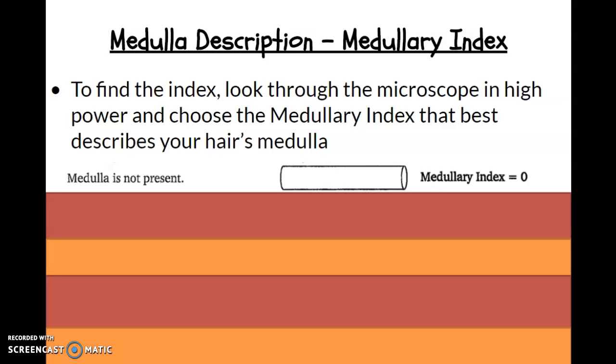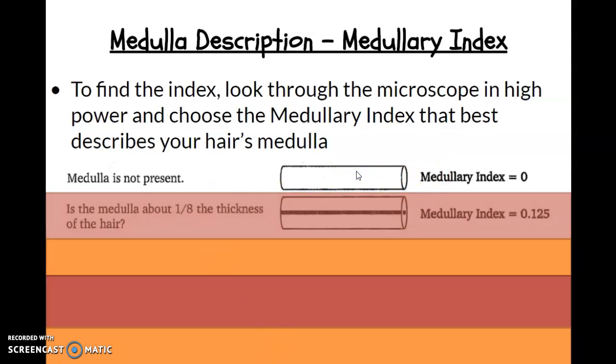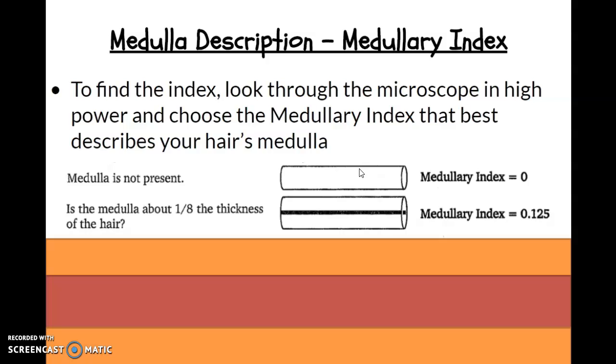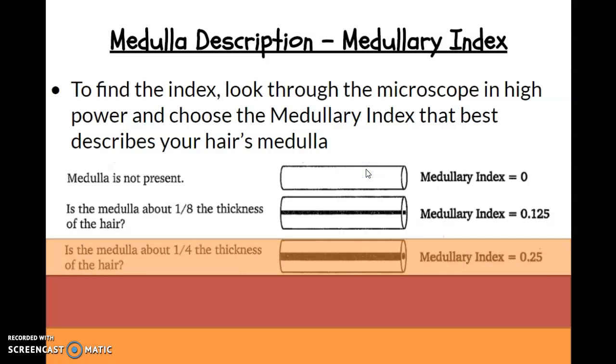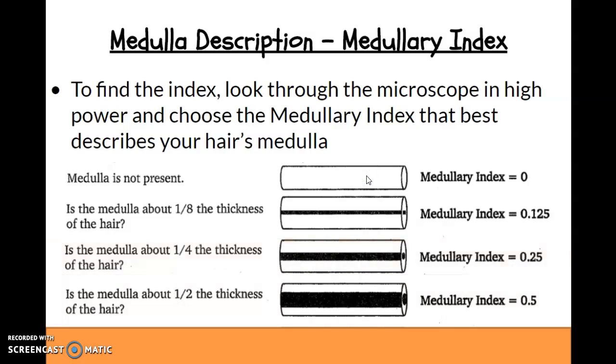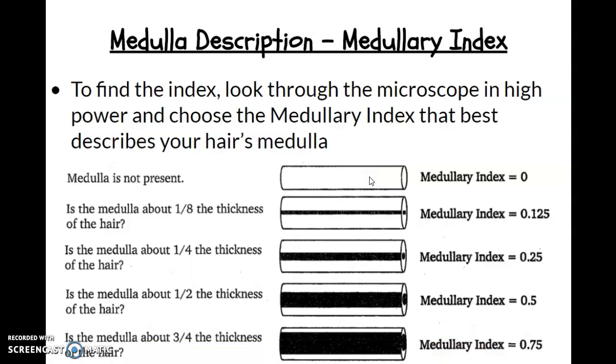Either way, to find the index, you look at the microscope in high power and choose the medullary index that best describes your hair's medulla. So in this first one, the medulla is not present. And this next one, the medulla is about 1/8 the thickness. And then 1/4, 1/2, and 3/4.